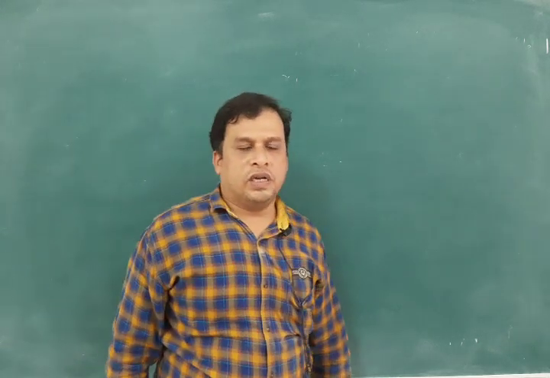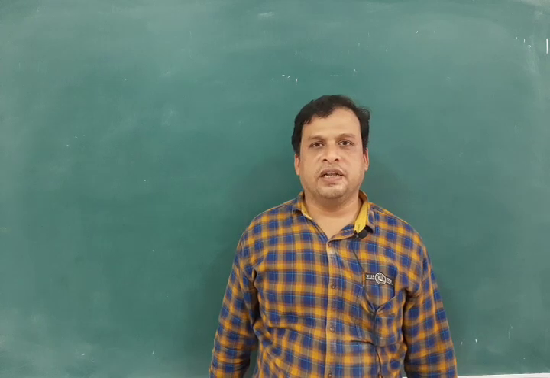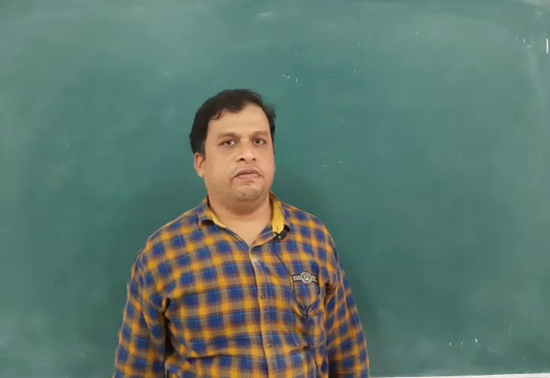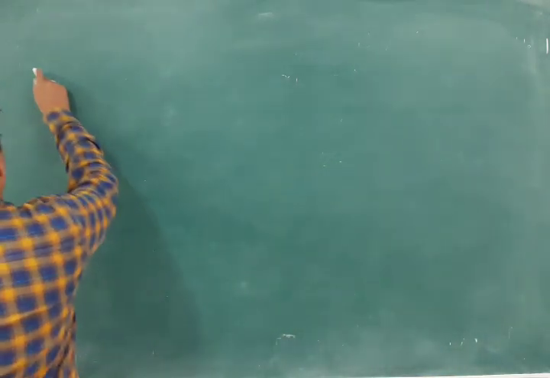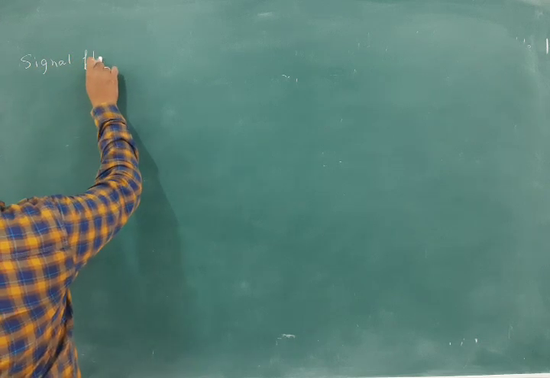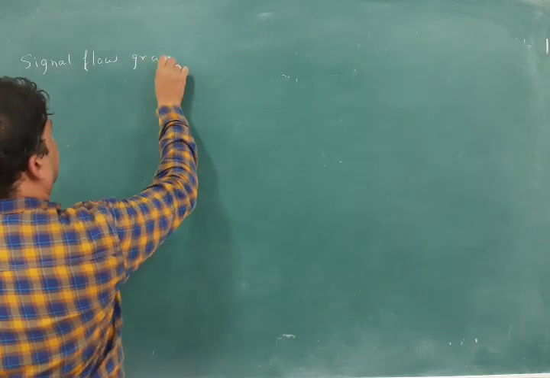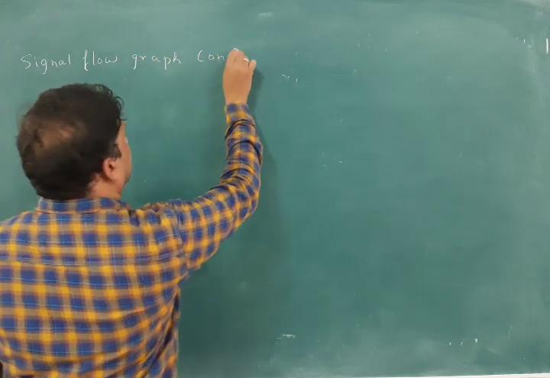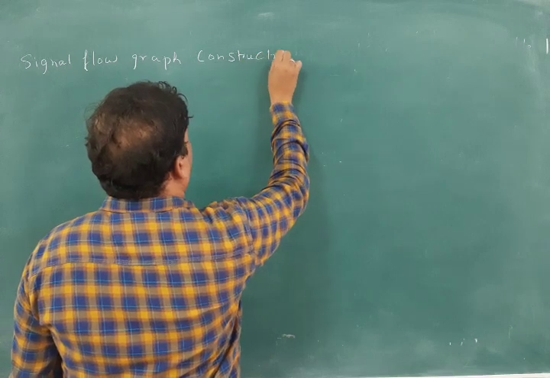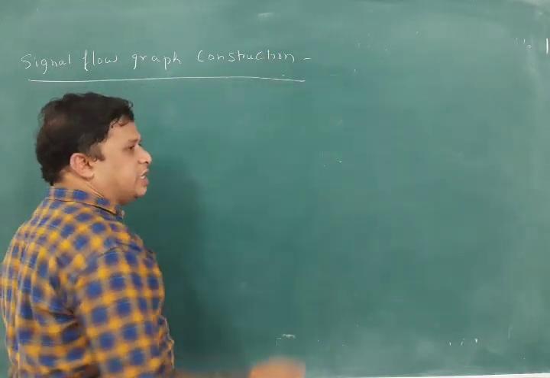So signal flow graph construction is one of the steps we have to follow. How to construct the signal flow graph? Signal flow graph construction is nothing but we are using the describing equations.